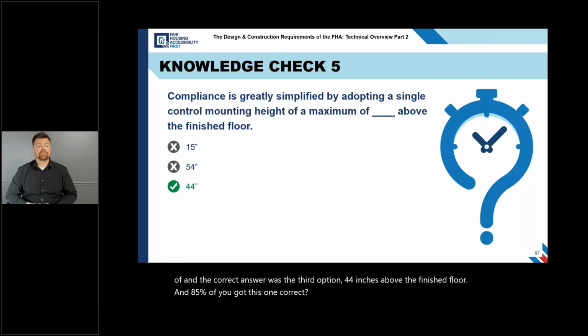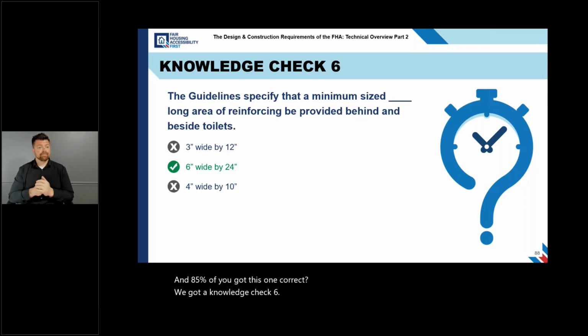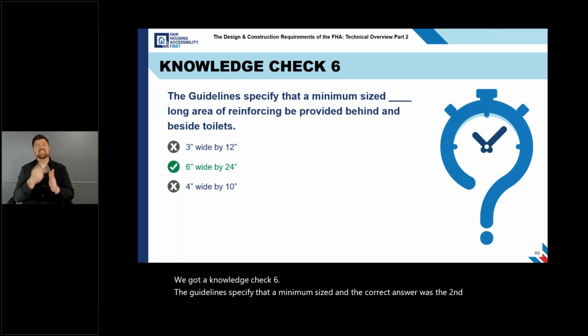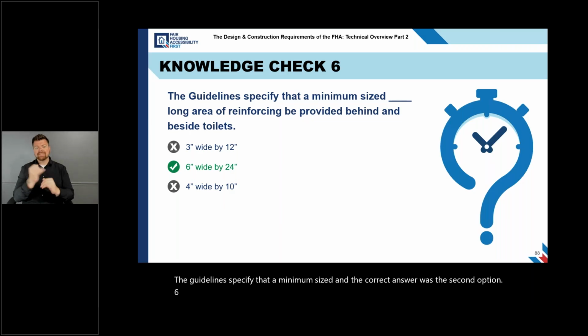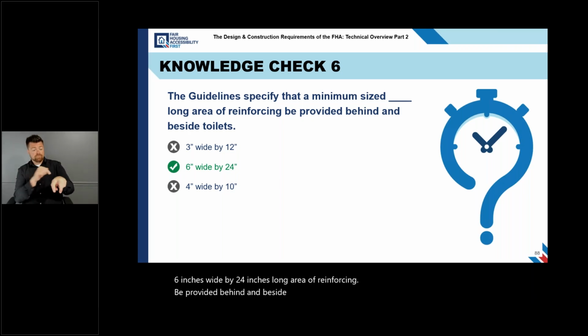Moving on to knowledge check 6. The guidelines specify that a minimum size, and the correct answer was the second option, 6 inches wide by 24 inches long area of reinforcing to be provided behind and beside toilets. And 90% of you got this one correct.